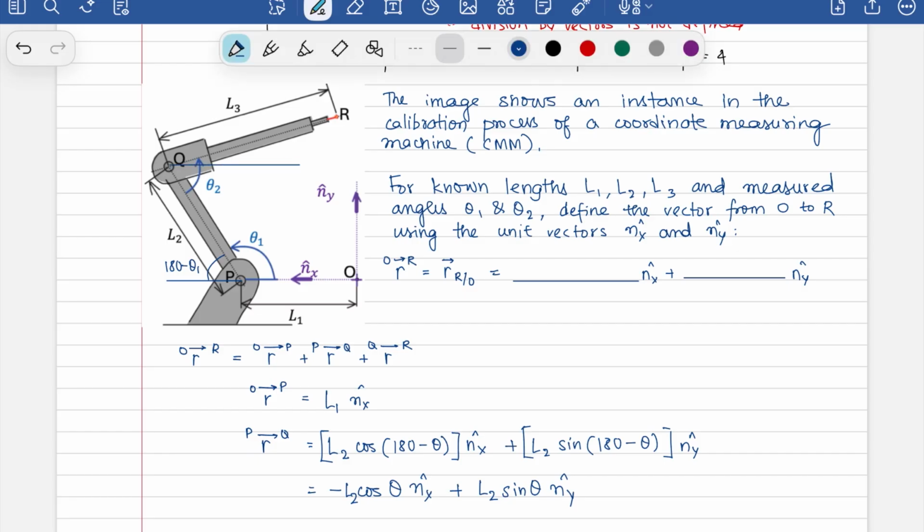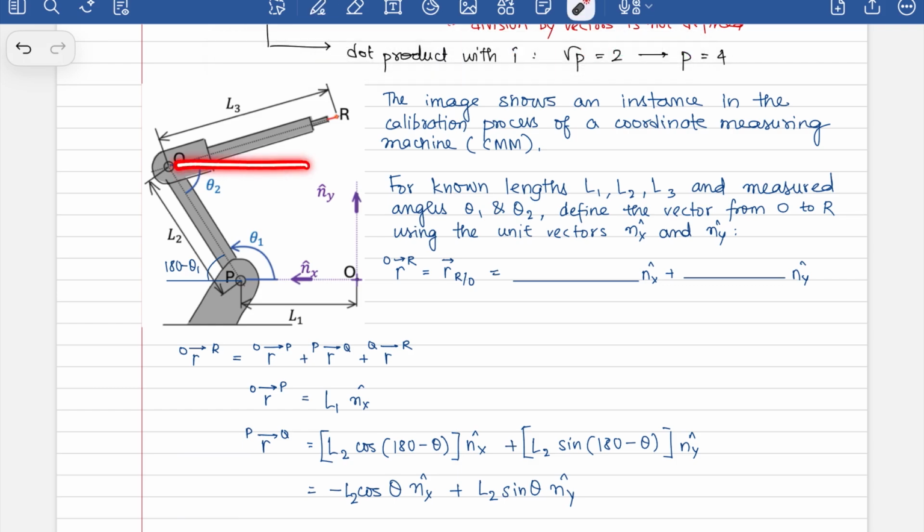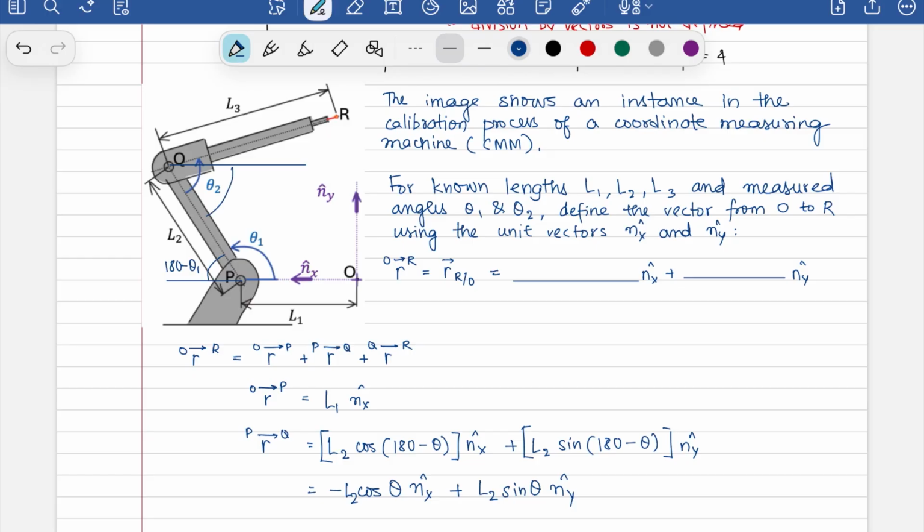First, let's look at what we're trying to find, this angle here. You know that this much is theta 2. In this set of parallel lines, if this is theta 1, then this here is 180 minus theta 1.